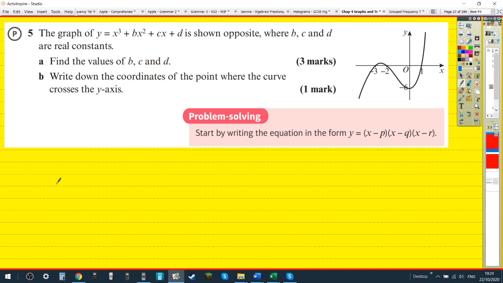Well, I would try to write it in brackets first. So any idea how you'd write this graph in brackets?